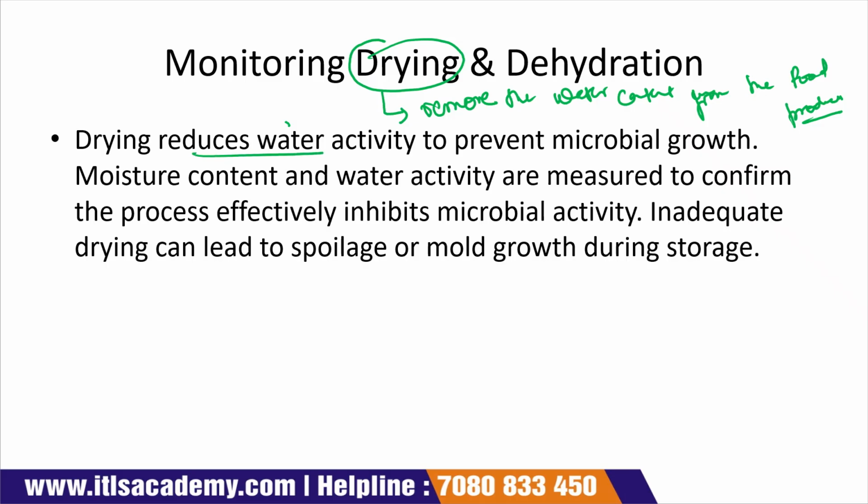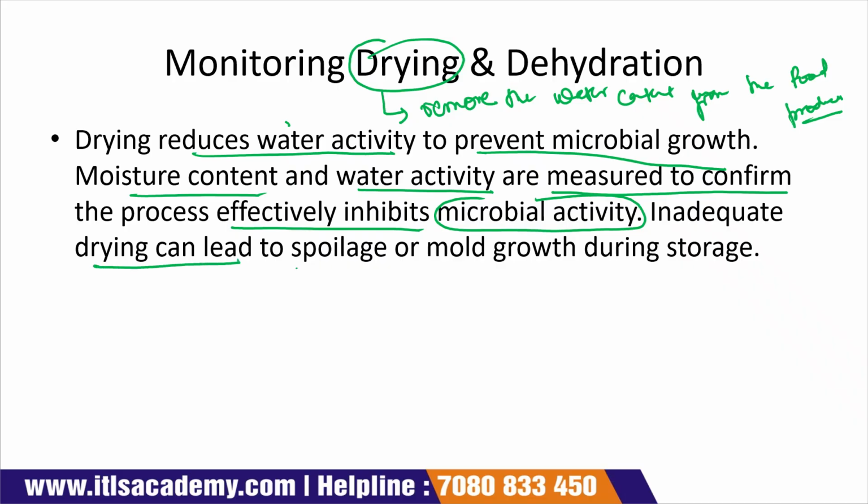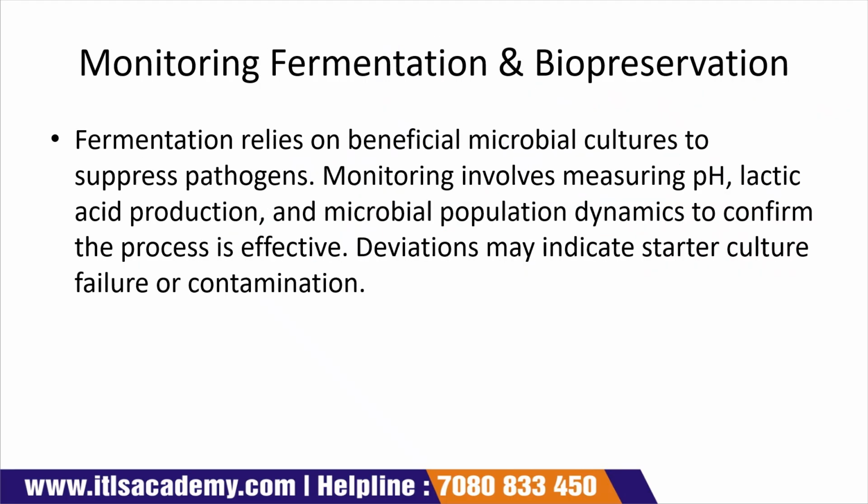So when the water activity is reduced, it prevents the growth of microorganisms. Moisture content and water activity are also measured to confirm that the process effectively inhibits microbial activity, and inadequate drying can lead to spoilage or mold growth during the storage of the food product.